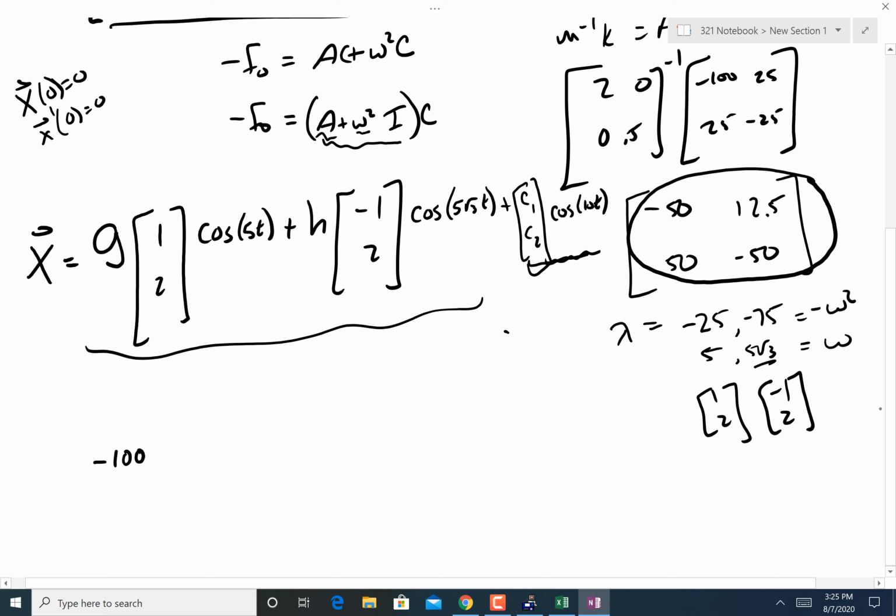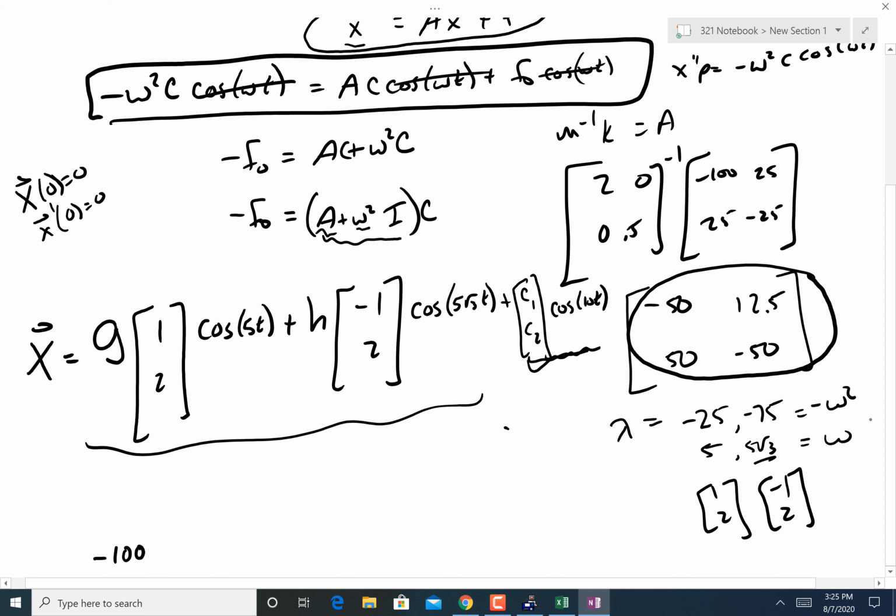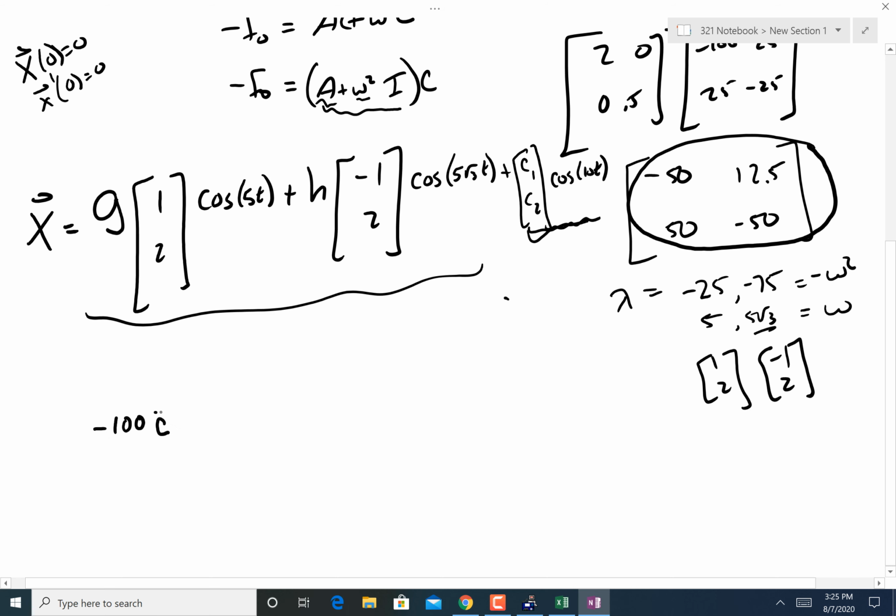Okay. Times C. Are you with me? Okay. Now remember this C here is a vector of C's. So if you will, a C1 and a C2. You can do it that way, or you can just leave it as C.